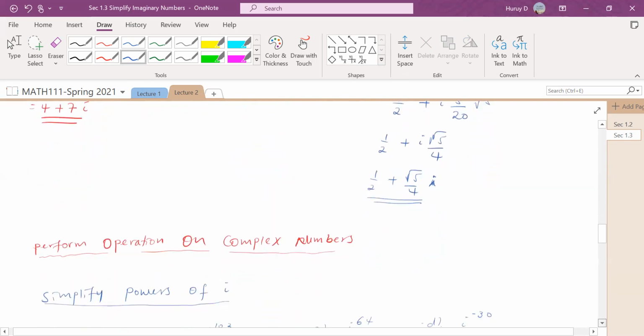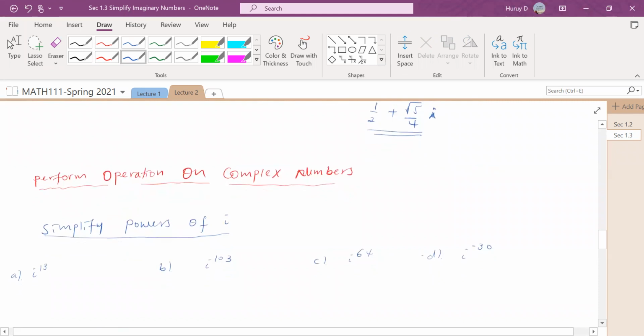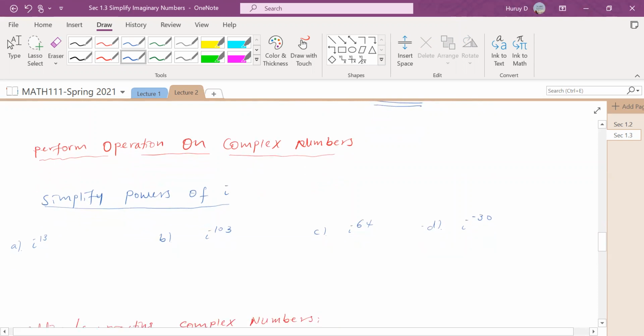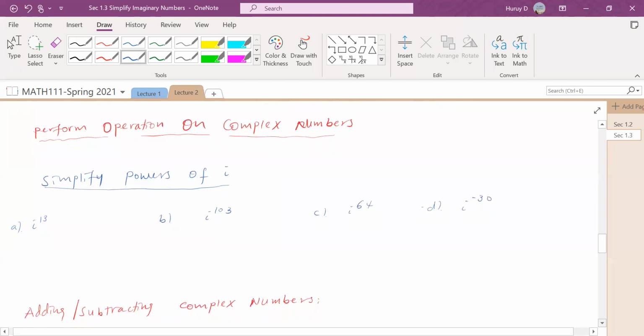Okay, going to the next. Now performing operations on complex numbers, like adding, subtracting, dividing, and multiplying complex numbers. But before that, let's look at this. If you have powers of i, how do you simplify this?